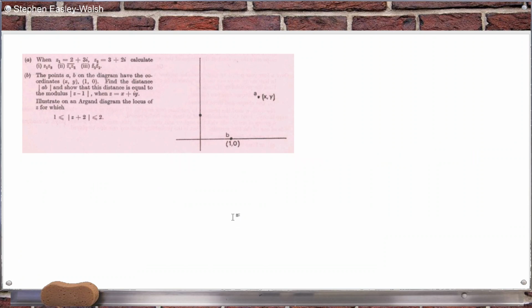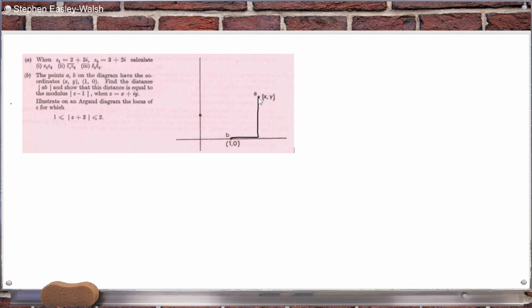The points A and B on the diagram have the coordinates x, y and 1, 0. Find the distance AB and show that this distance is equal to the modulus of z minus 1. Okay, well, we can get the distance just from Pythagoras.